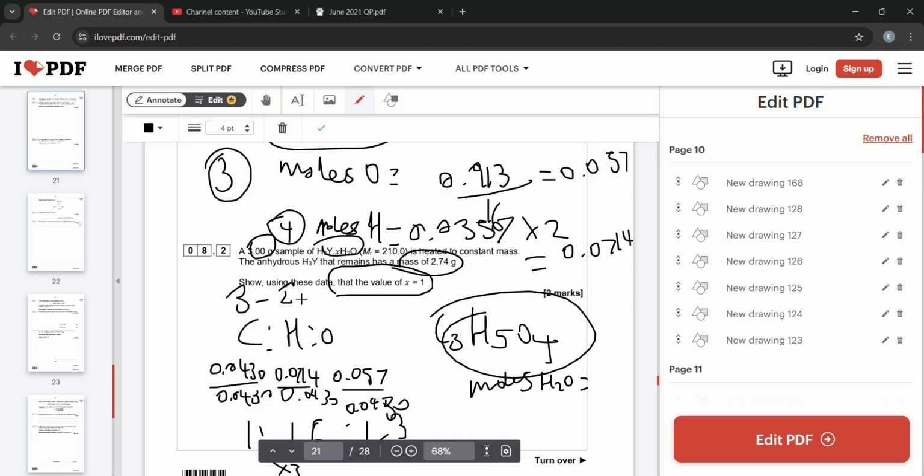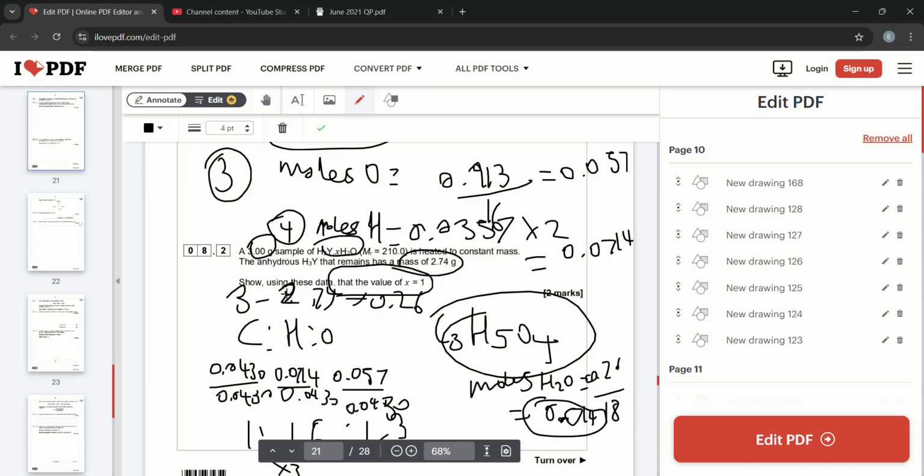So 3.00 minus 2.74 will give you 0.26. So we get 0.26 divided by the Mr of H2O, 18. That will give me the moles as 0.014.